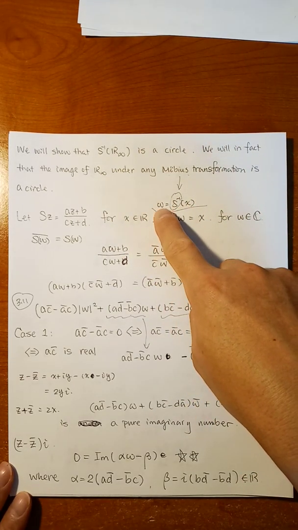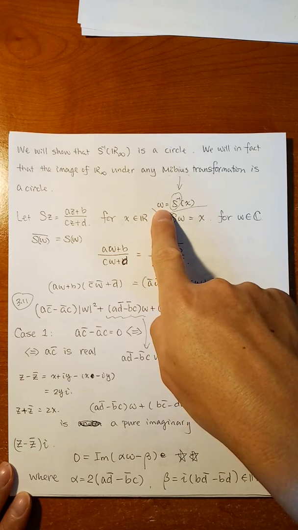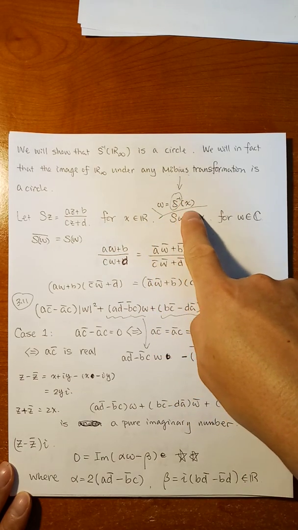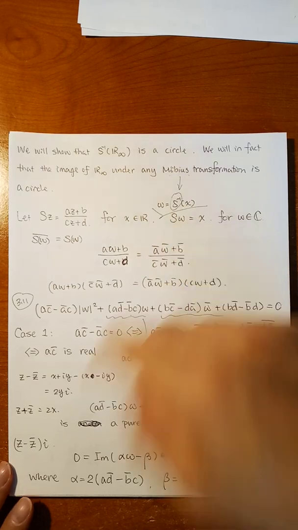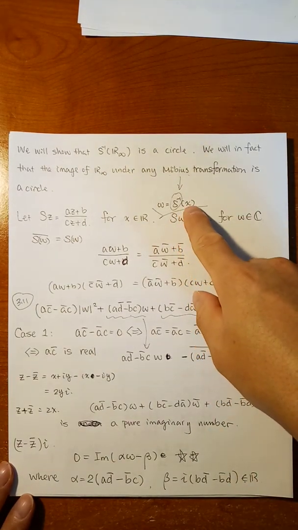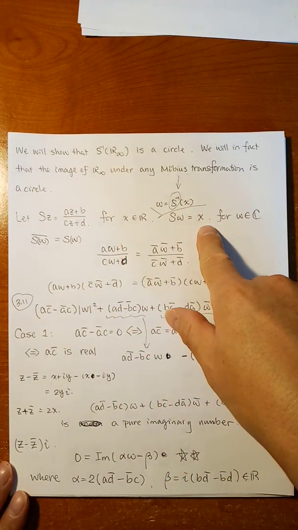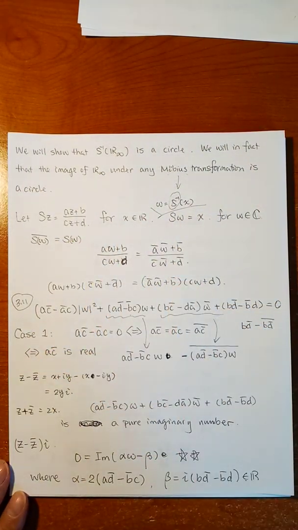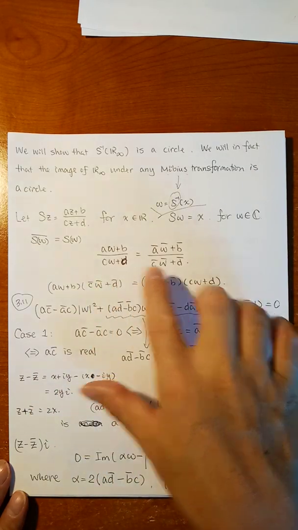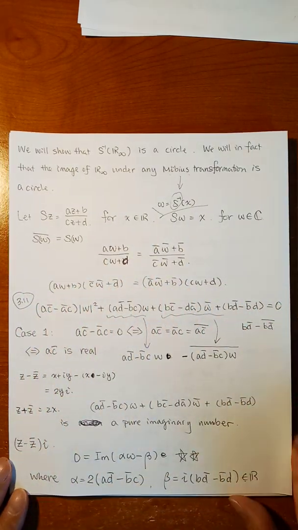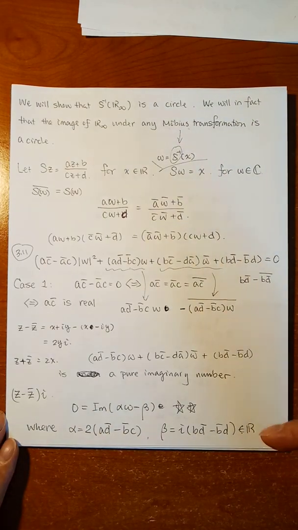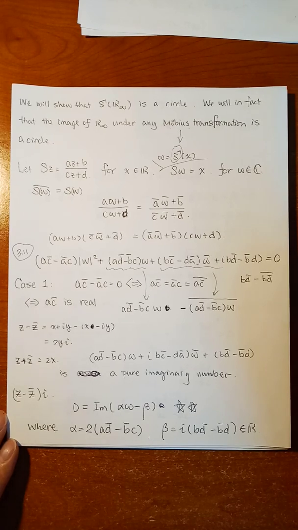This is W. We are going to determine the property of W. S inverse of X is W. So S of W is X, and S of W is a real number, so the complex conjugate is equal to itself. So we get this quadratic equation. And then the rest of the computation is the analysis of the solution of this quadratic equation.